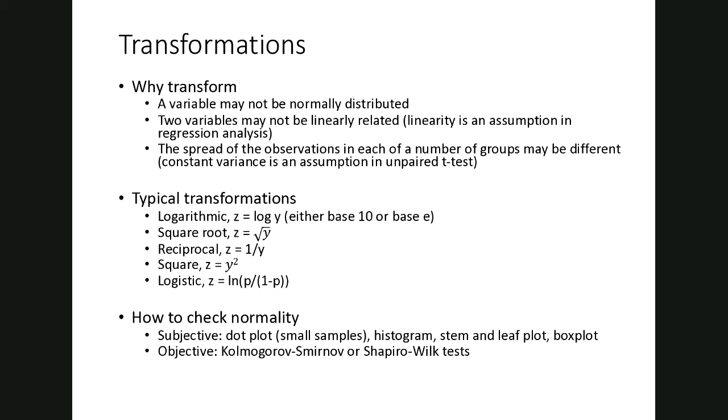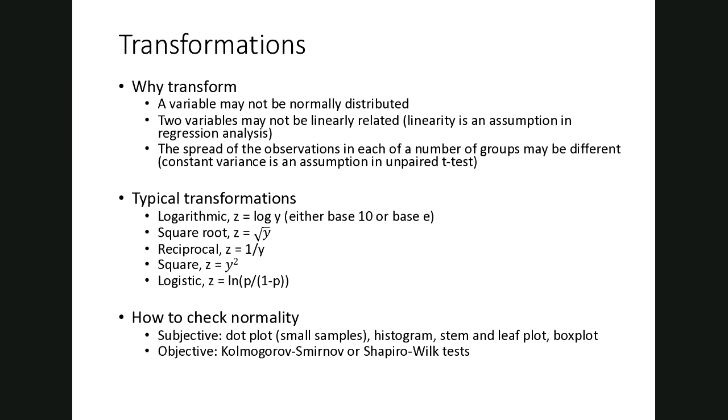Now, as I said, in many cases we will probably not be able to transform the data, the independent variable, to a normal distribution. So then we have to try different transformations. A variable may not be normally distributed in the first place, so we try to do that. Or in some cases, like in linear regression that we'll be learning in the last week, if the variables are linearly related, then we try to separate that.